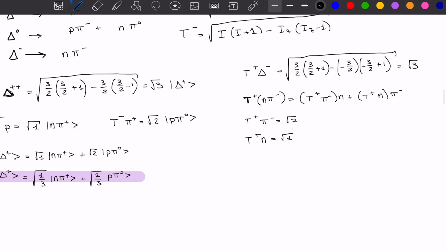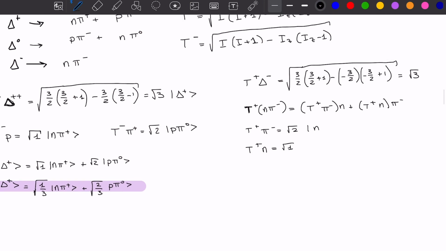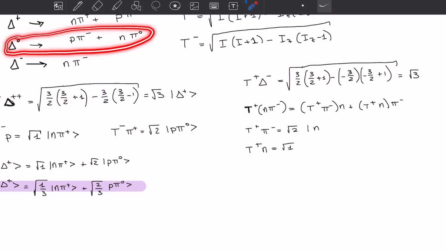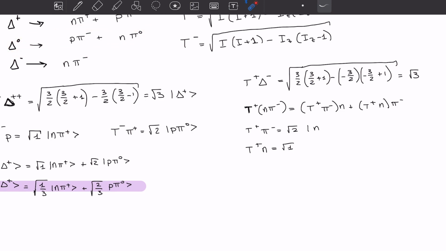So remember, we calculated the ladder operator on pion minus, so we know that this is the projection with the neutron, and the one with the neutron on the delta 0 is the one that has neutron and pion 0. So we can write that down, and then this will be the other one, so it's the proton and pion minus projection.